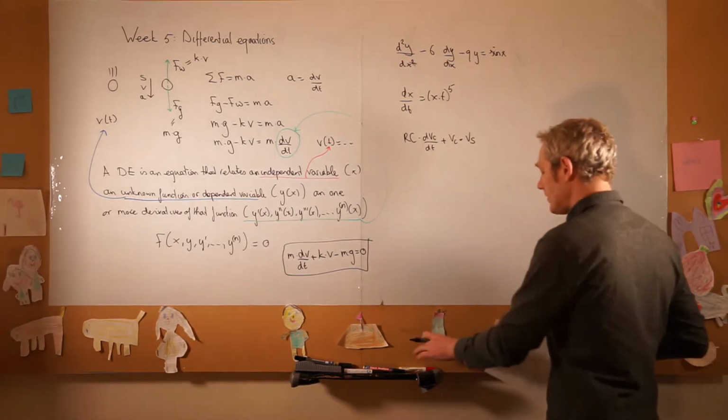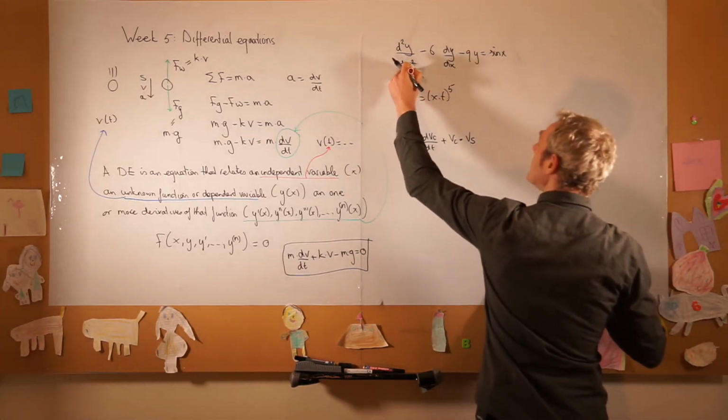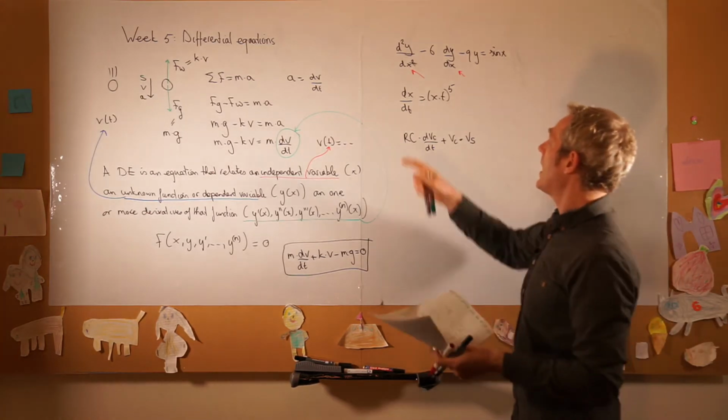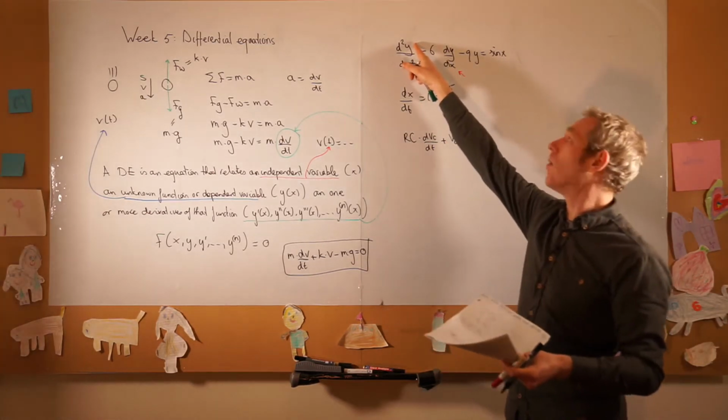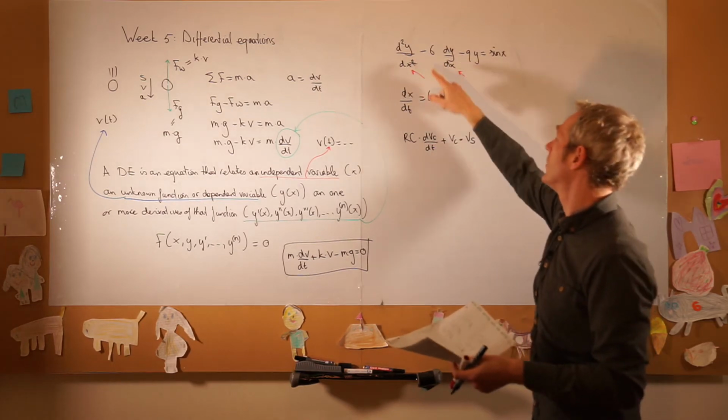Now, one trick is, if you see here, we take the derivative with respect to x. And we're taking the derivative of y of x with respect to x. Well, here we're taking the second derivative and here is the first derivative.